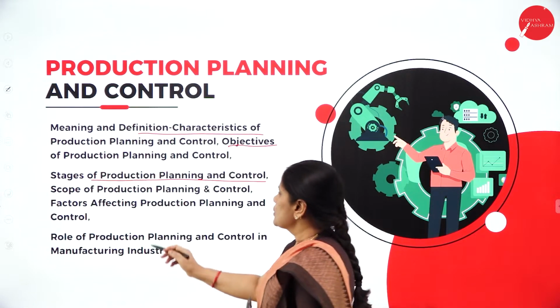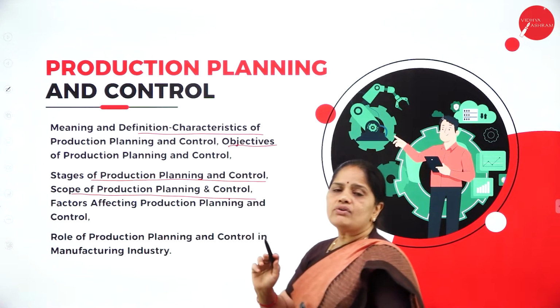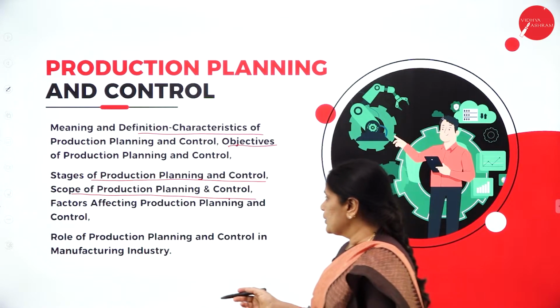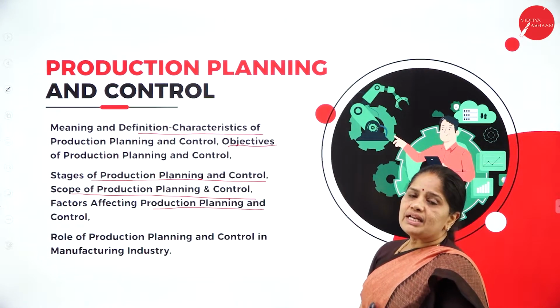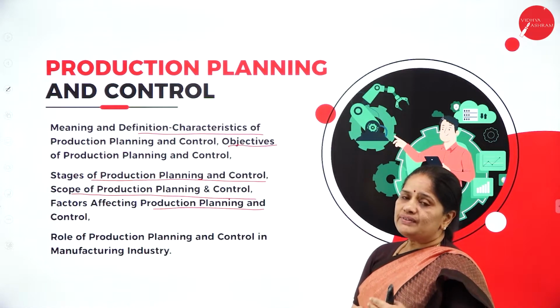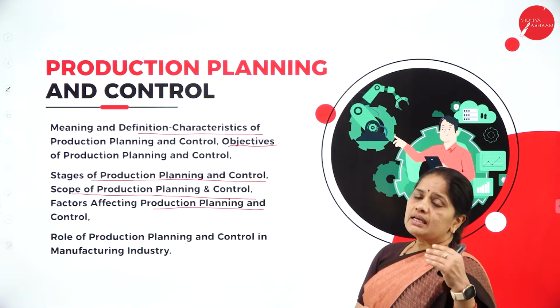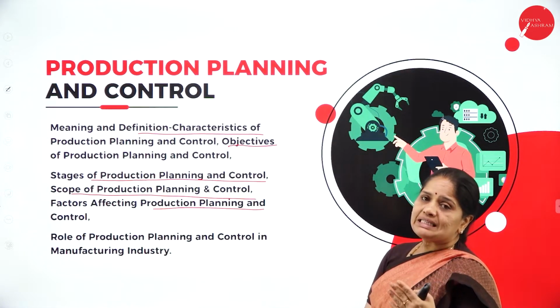Then the scope of production planning. What are the various activities involved in production planning and control? Then factors affecting. What are the various factors which affect production planning and control? If there is a high demand for the products, then we have to go in for more production in order to meet the demand.